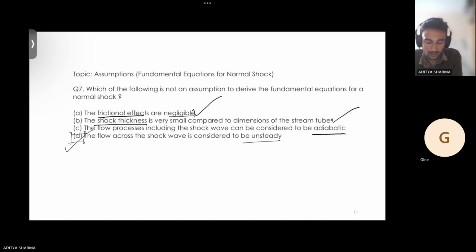So then the third option is the flow processes including the shock wave can be considered to be adiabatic. So this is obvious that we don't want to consider the heat effects. All right, so we avoided friction also because of that. It was one of the reasons to not consider the frictional effects.